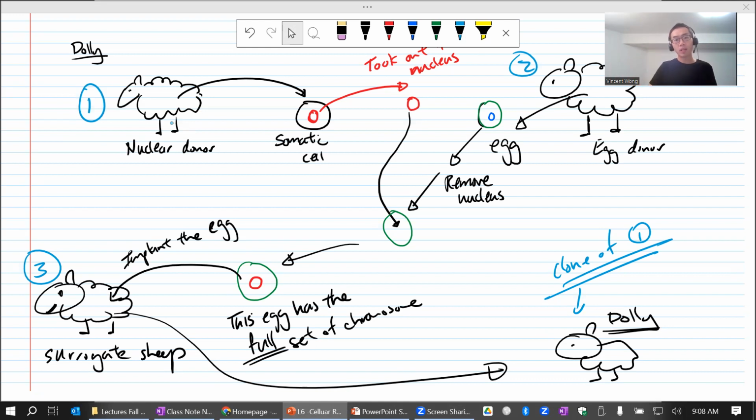And so when you took the nucleus here, the DNA in this nucleus had already been shortened to a certain level. So when they transferred it to the egg and grew it, Dolly was born with not brand new DNA, but DNA that has been shortened. So even though it's a baby, it's age 0, on a cellular level, the age is actually the same as the nuclear donor.